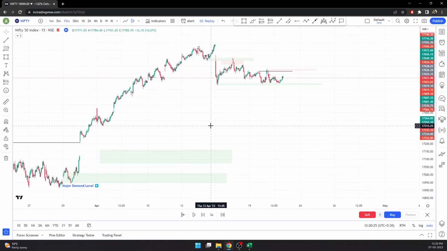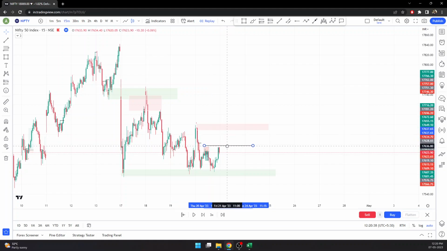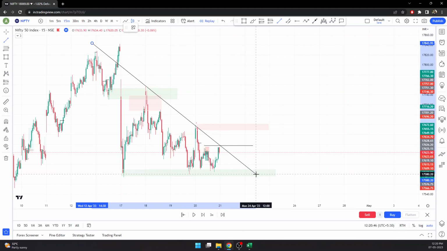Right, it is clearly forming a trend line like this. If market goes above this particular level, then it should go for some buying. We can see a very good trend line here.